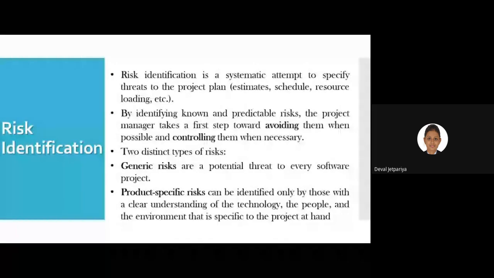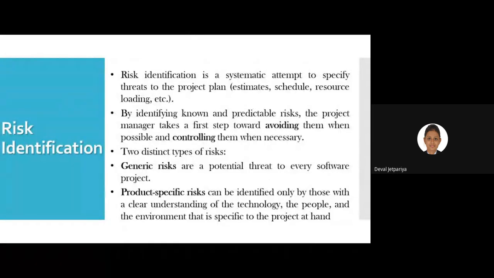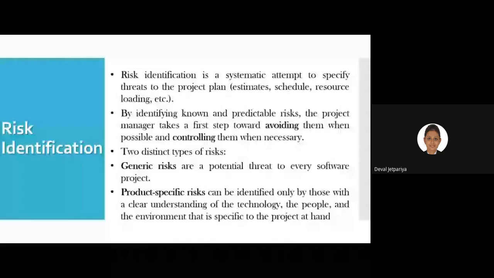So there are two distinct types of risk in this. One is generic, the second one is product-specific risk. Generic risks are the potential threats to every software project, with every type of project, and product-specific, as the name suggests, is quite specific risk, right?